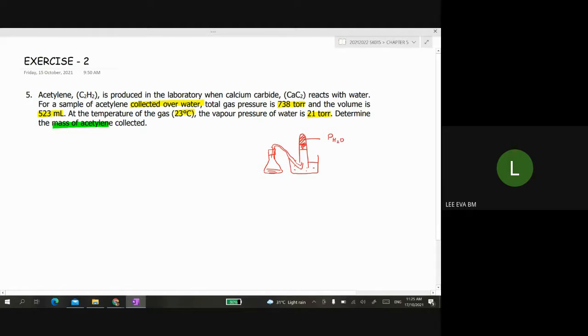Okay, and what other gas is collected inside this area, besides H2O? What gas do we want to collect besides the vapor pressure?